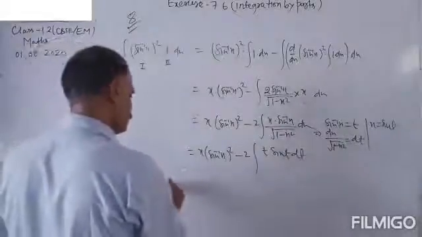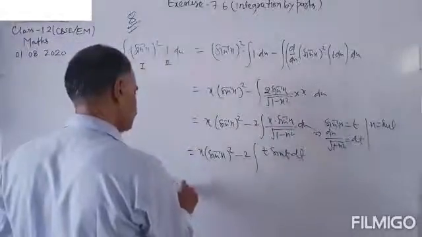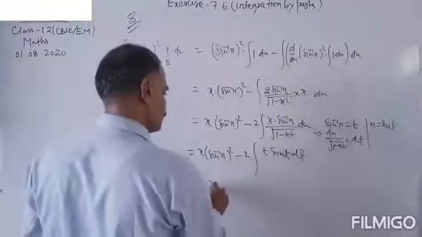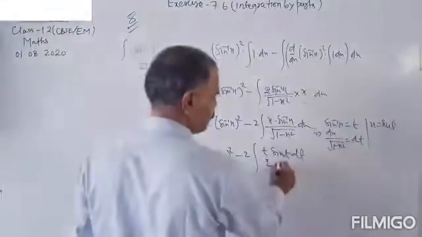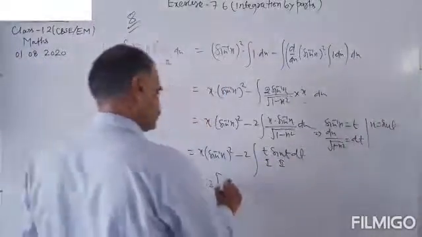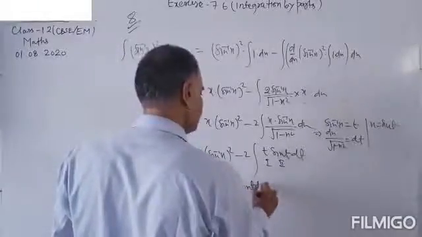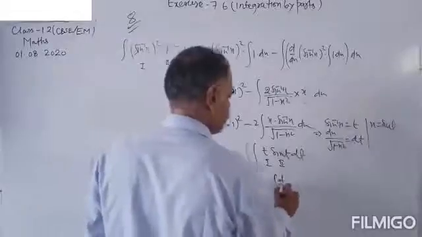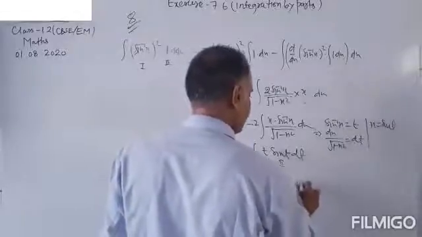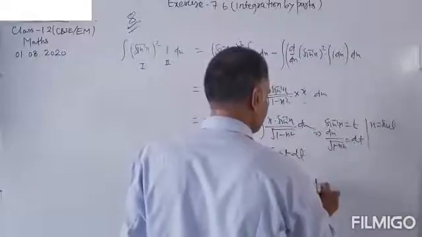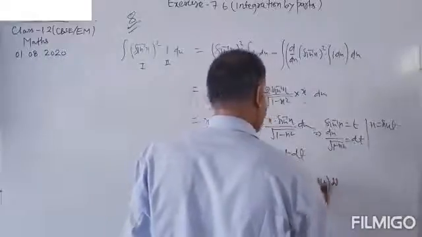So this is equal to x into (sin inverse x) square minus 2 into, this is first function, this is second function. So first function t, integration of second function sin t dt, minus differentiation of the first function, that is t, integration of the second function sin t dt, and integration of the product.